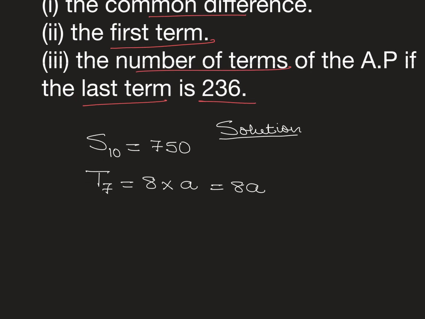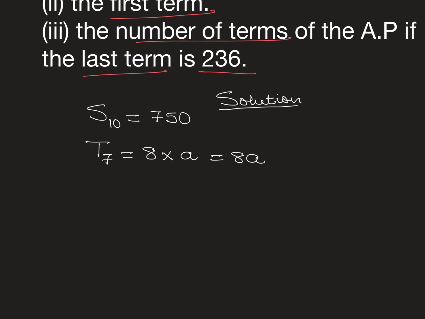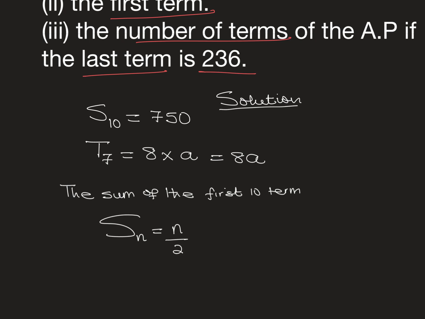With these two pieces of information, let's see what we can get. We are given the sum of the first 10 terms. The general formula is S sub n is equal to n over 2 into 2a plus n minus 1 times the difference.